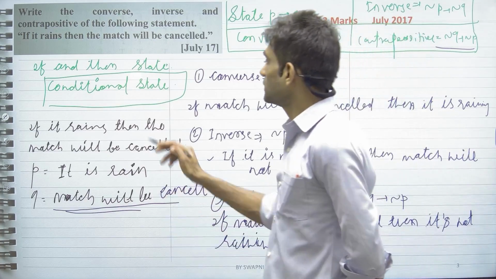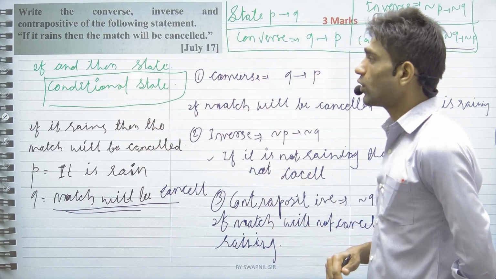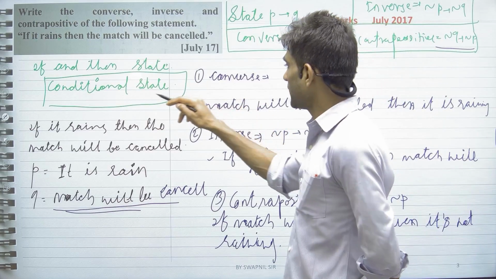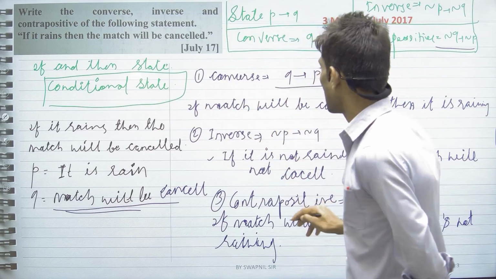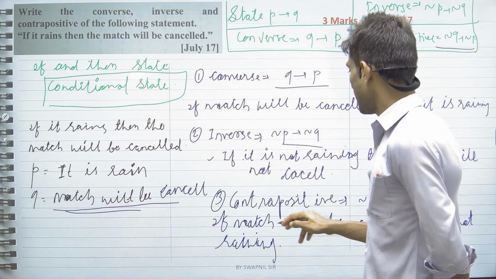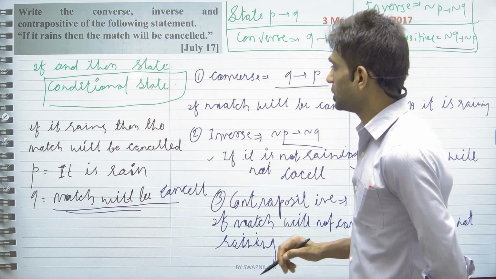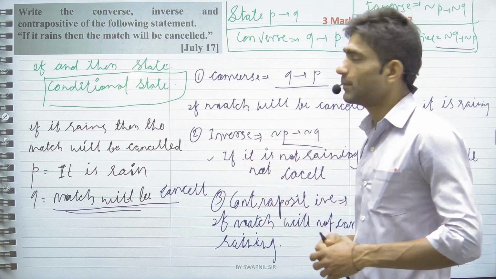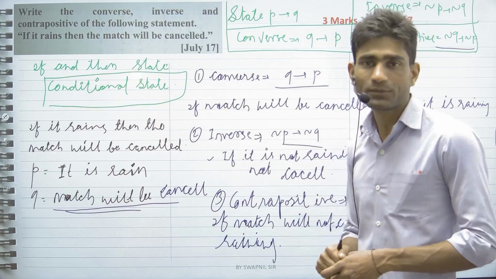Now see that this is the converse, inverse, and contrapositive of our statement. First define the statement, then go for its converse, then its inverse, and at the end its contrapositive. I'm expecting that you all have understood this solution.